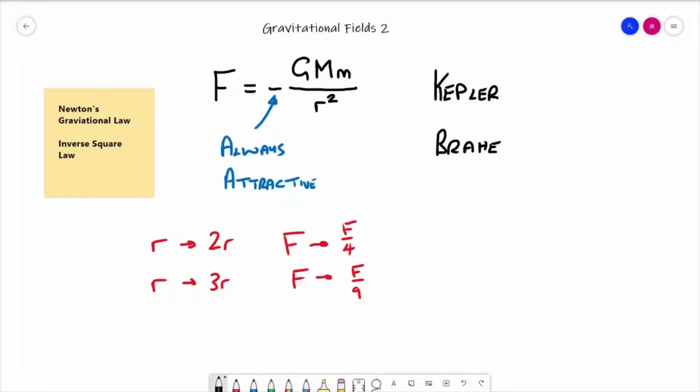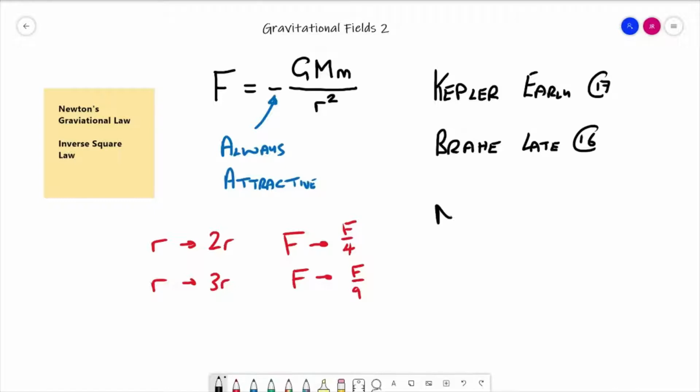Now, Kepler and Brahe worked together. Brahe did most of his work and most of his measurements in the late 16th century, whereas Kepler did a lot of his work in the early 17th century.